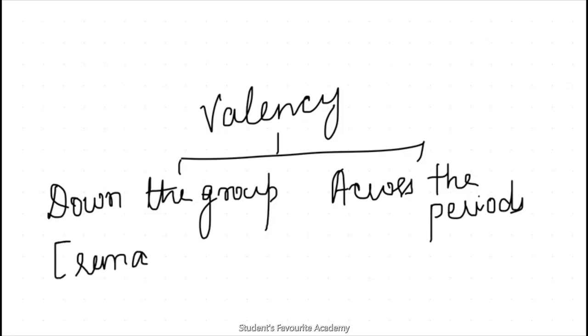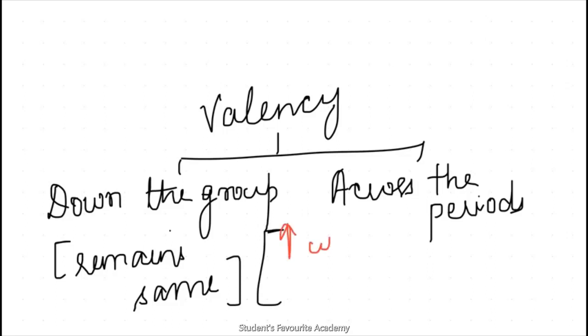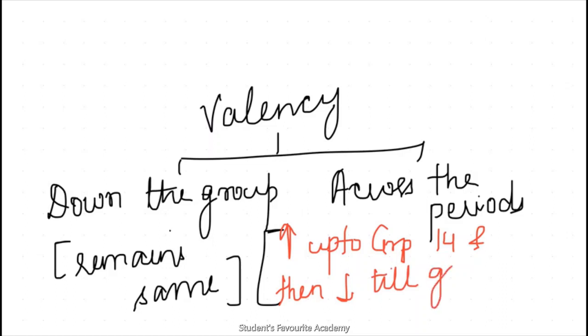It remains the same because the number of electrons in the outermost orbit is the same. And what happens across the period? First, it increases up to group 14 and then decreases till group 17. Which means the maximum possible value is 4 and then it tends to decrease.